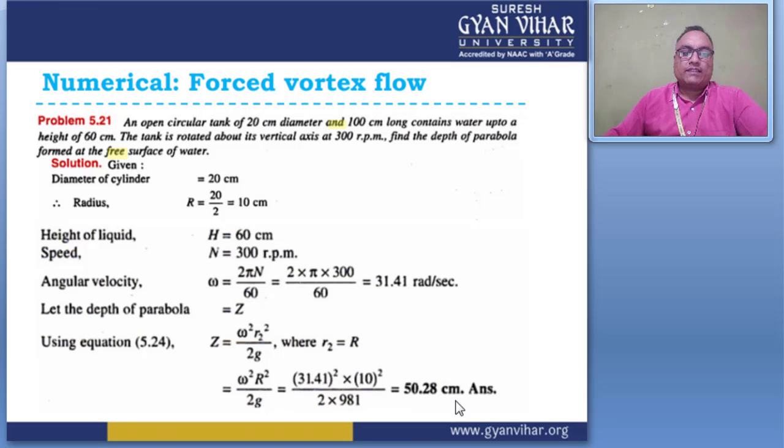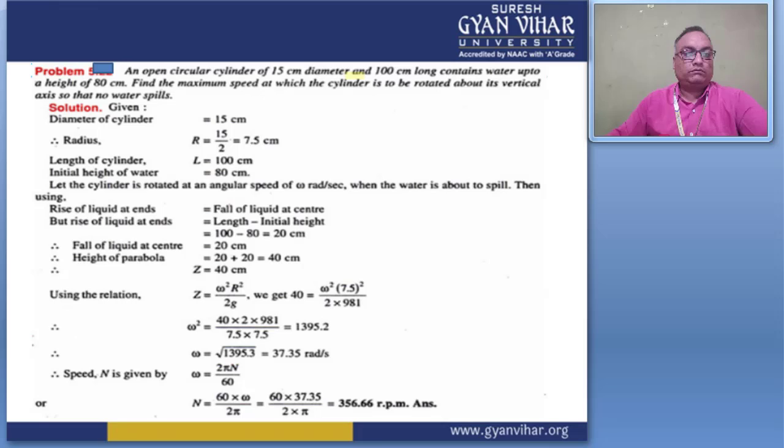Then move to the next question related to forced vortex flow. This is the second question. An open circular cylinder of 15 cm diameter and 100 cm long contains water up to a height of 80 cm.